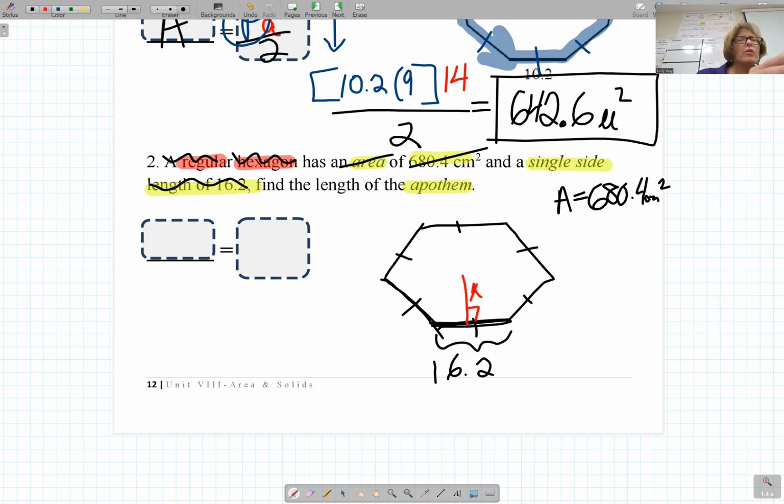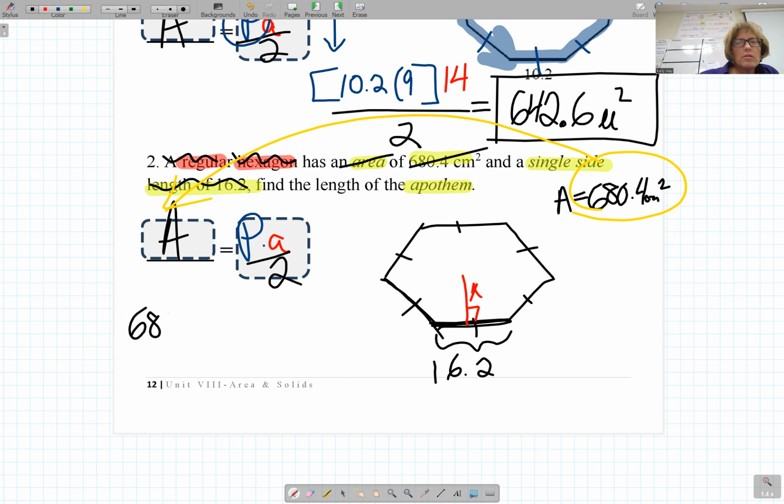Call it X. Ready? Write down your equation. Area equals perimeter times apothem over 2. Area of a regular polygon is Pa over 2. Now we circle, plug, chug. We have the area, 680.4.